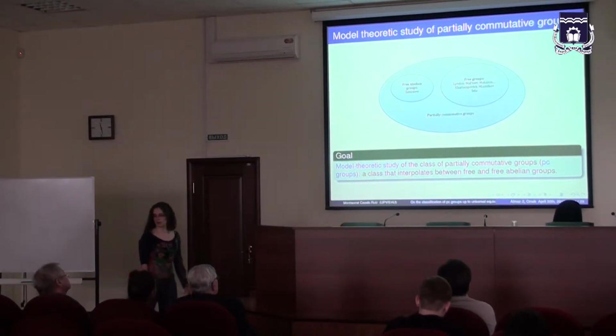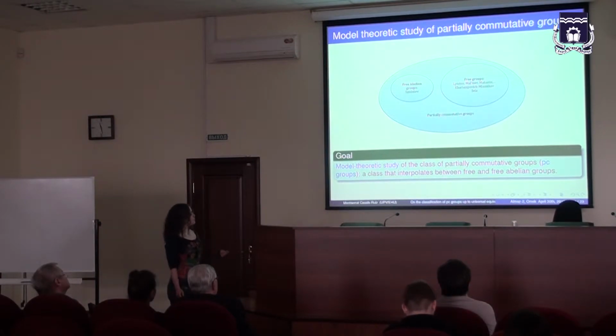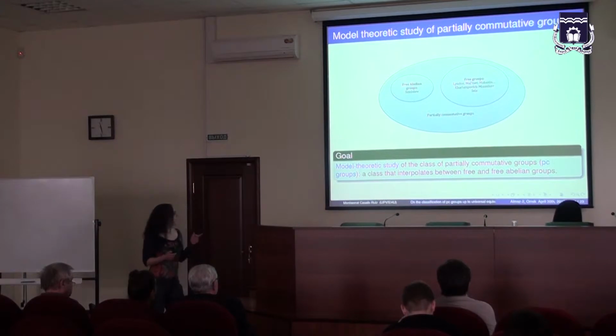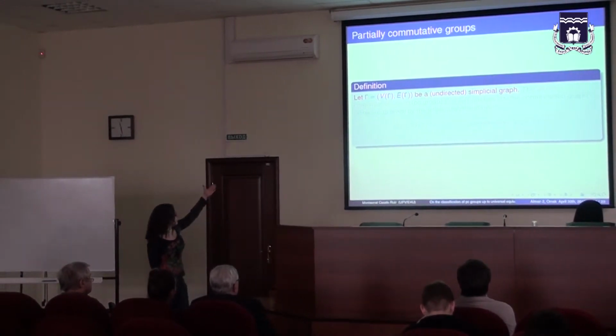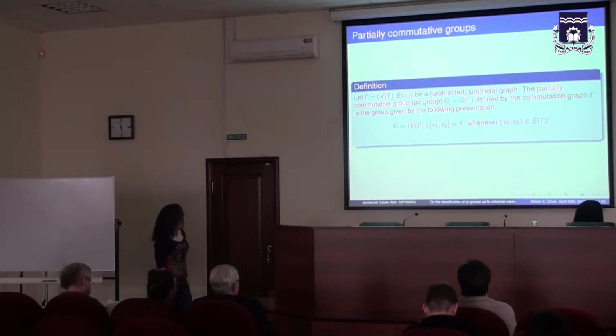They're described by presentations, and the only relations we allow is for some of the generators to commute. It's customary to associate the presentation to a graph. This is a very good way of encoding the presentation, and this encoding is done the following way. Given a simplicial graph, we associate a presentation as follows.